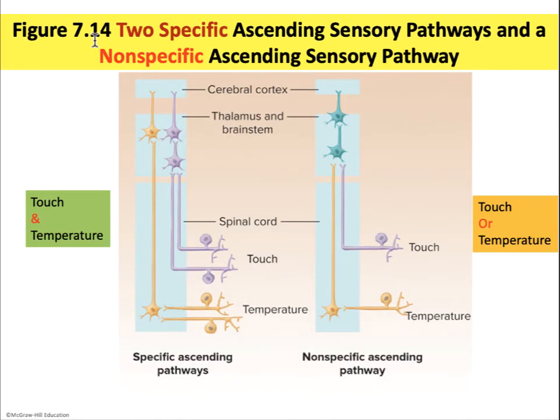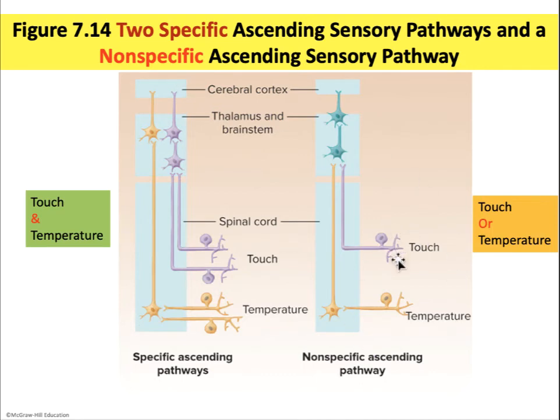Figure 7.14 shows a specific and a non-specific pathway. So in this case, we have temperature being sensed by these neurons and touch being sensed by these neurons. And the connections up into the brain are along unique paths. So the brain can sense temperature independently of touch.